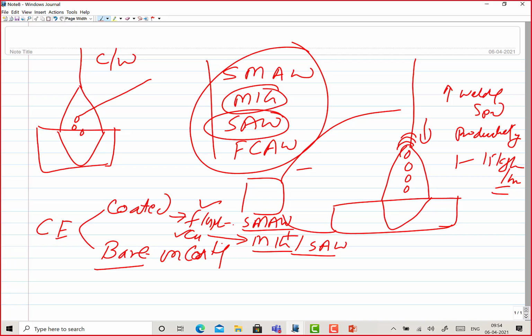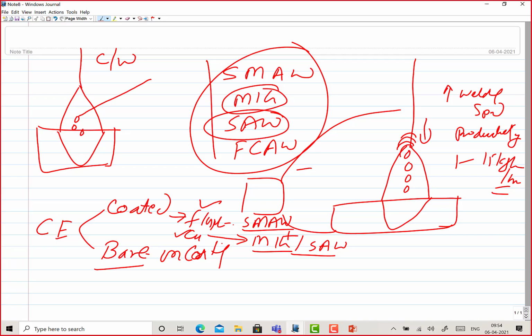But the purposes of coating flux and copper are completely different. As I said, copper primarily helps to increase the electrical current capacity or electrical conducting behavior of the electrode, while the fluxes in the stick electrodes or SMAW electrodes are used for a number of other purposes.